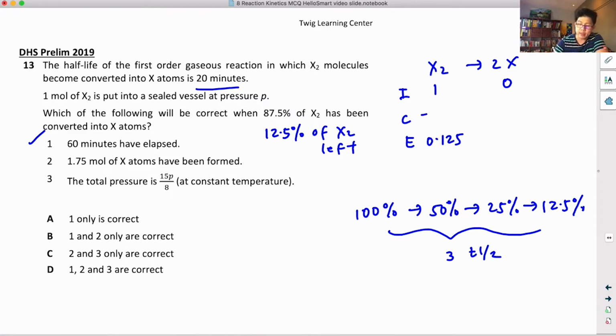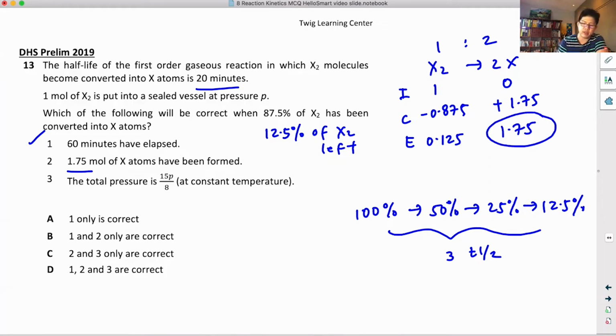So this one will be minus 0.875, and this one plus, but you must multiply by 2 because the ratio is 1:2, so it's going to be 1.75. So 1.75 moles of X atoms have been formed. That's correct. I'll put a tick over here.